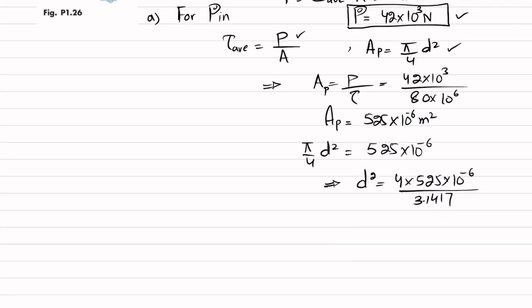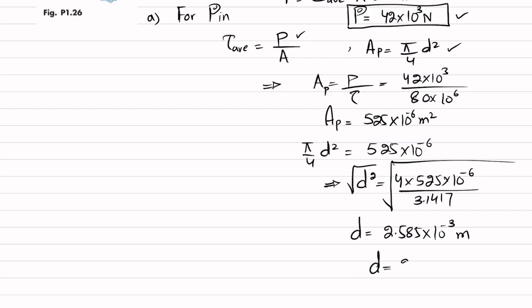If you take the square root on both sides, after calculation d will be equal to 2.585 into 10 raised to power minus 3 meter, or in millimeter, it is equal to 2.59 millimeter. So this is the answer of our first part.